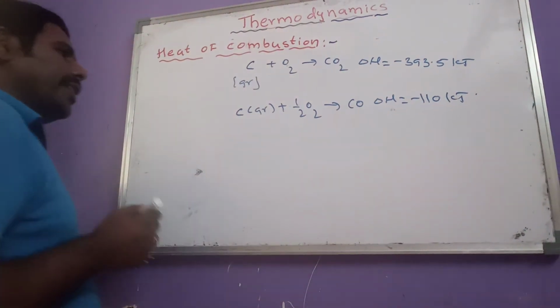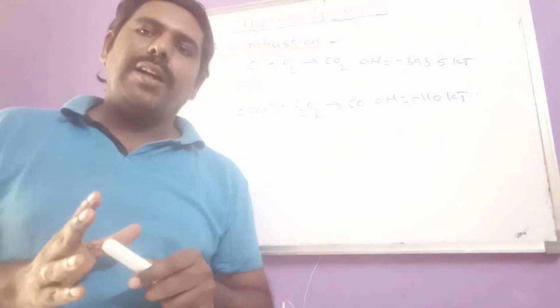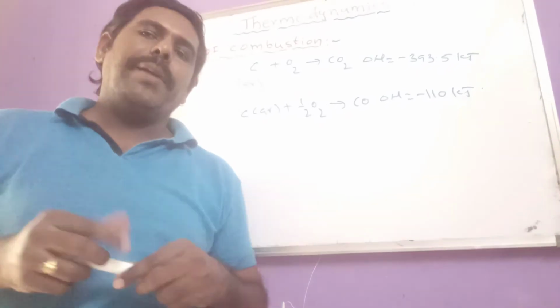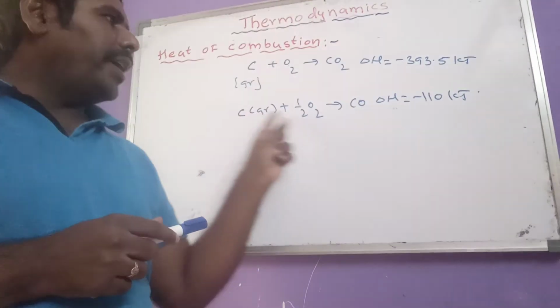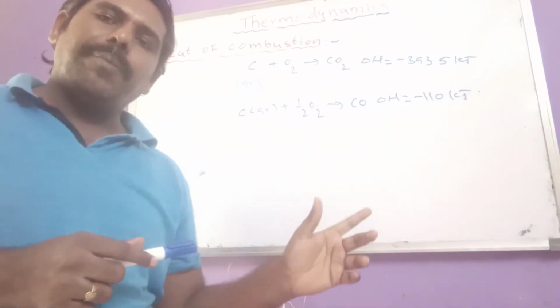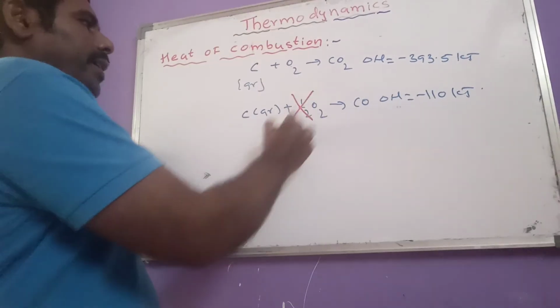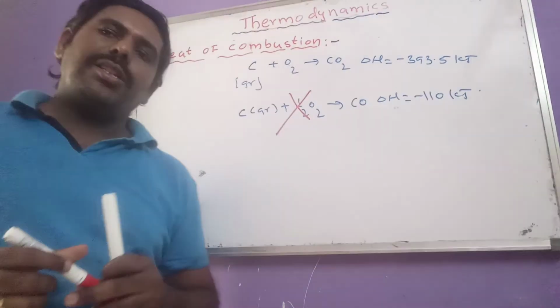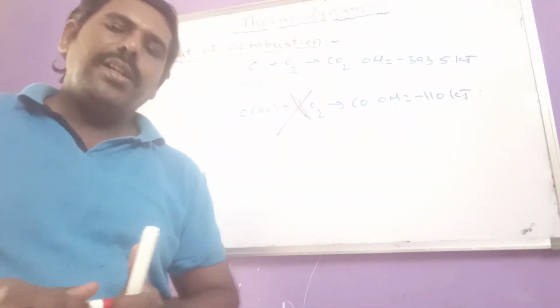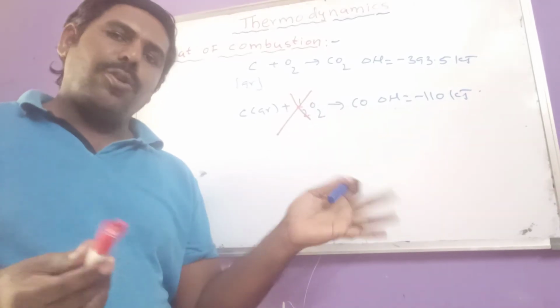Now the question is, is it considered as heat of combustion of graphite? No, because here graphite has undergone incomplete combustion, not complete combustion. So this does not come under heat of combustion of graphite. Of course it may come under heat of formation of CO, no problem.